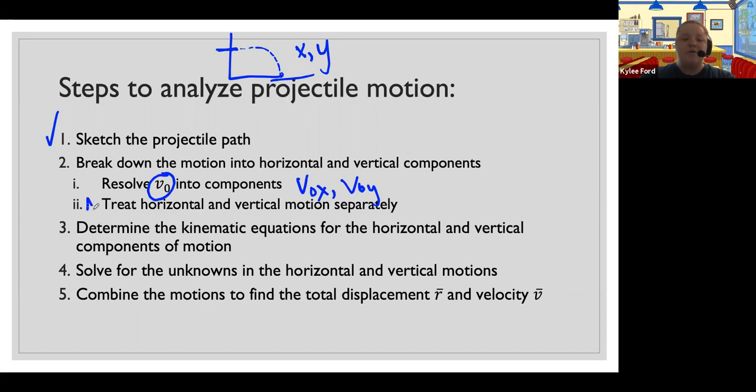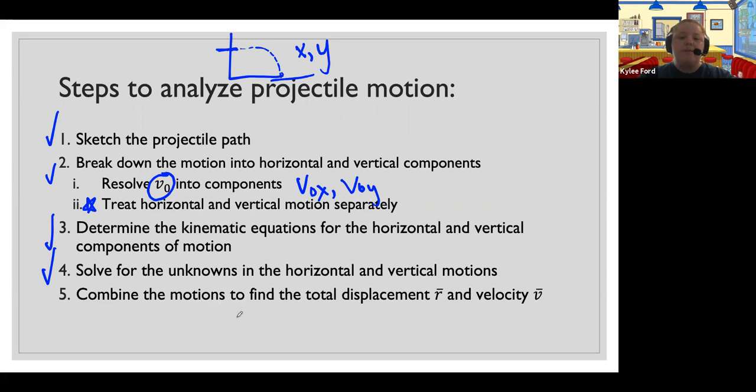And this is important. You want to treat these horizontal and vertical motions separately, because remember, they are independent of each other. So you want to make sure that you're doing that. Then you'll want to determine which kinematic equations you need to use for the horizontal and the vertical components. Solve for your unknowns in both of those motions.